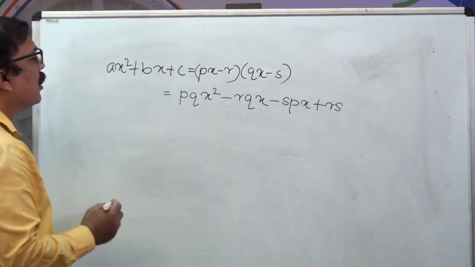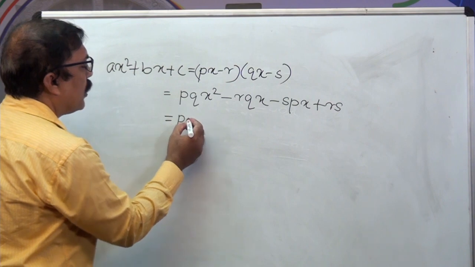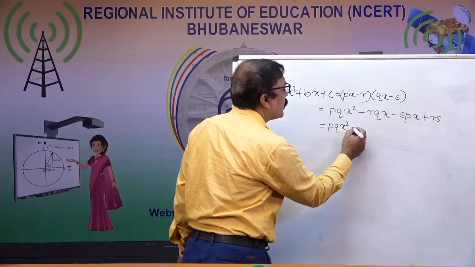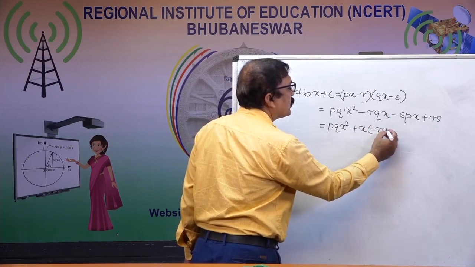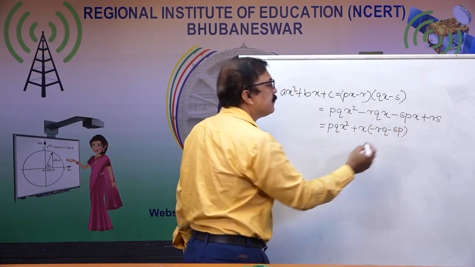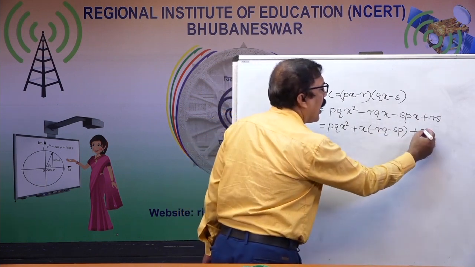Now, if we compare, let's write it in its standard form. So plus x into (minus rq minus sp) plus rs.